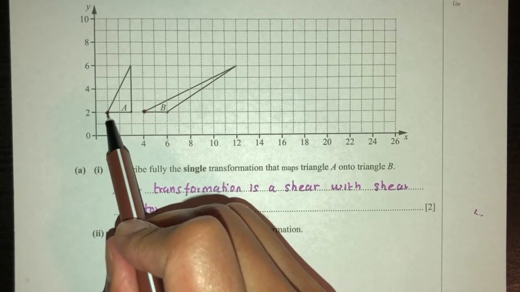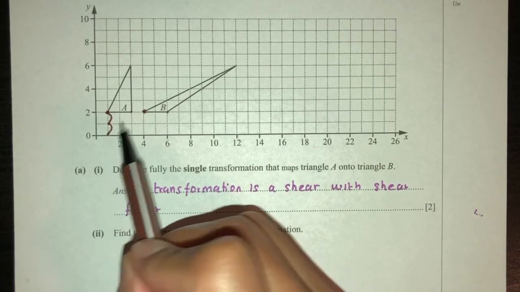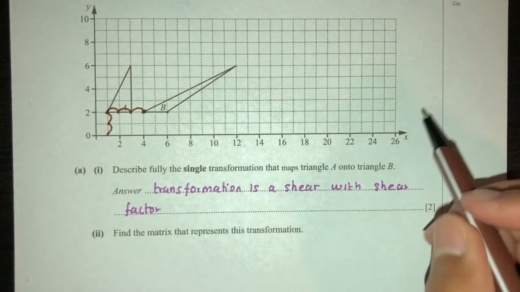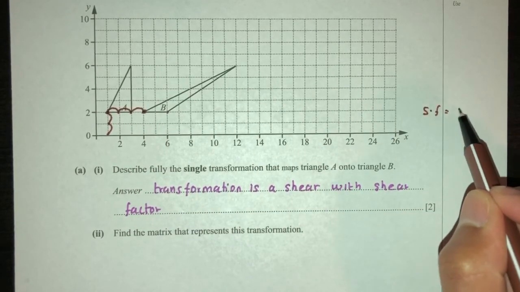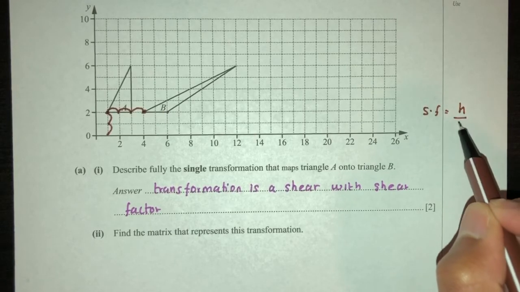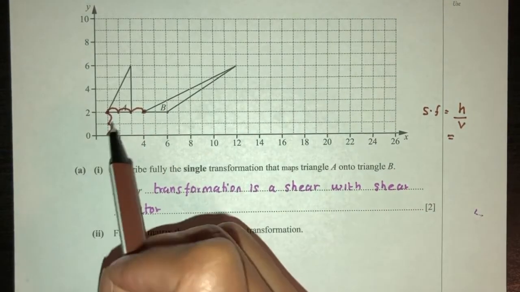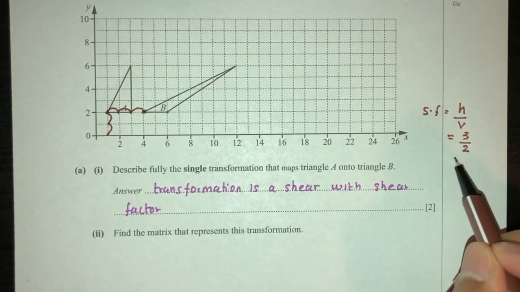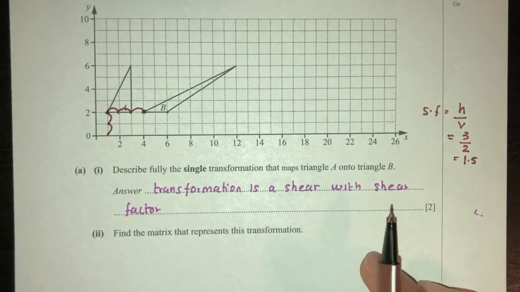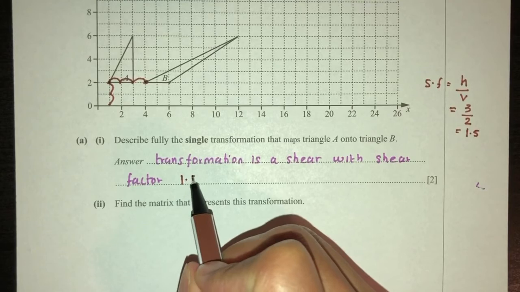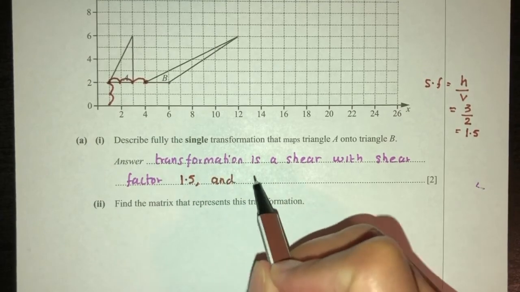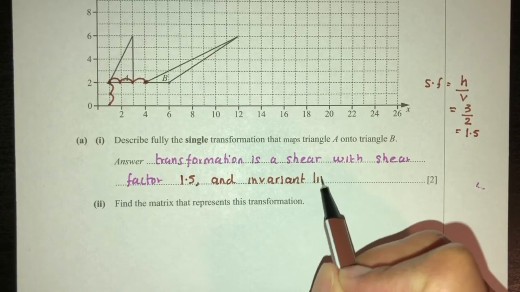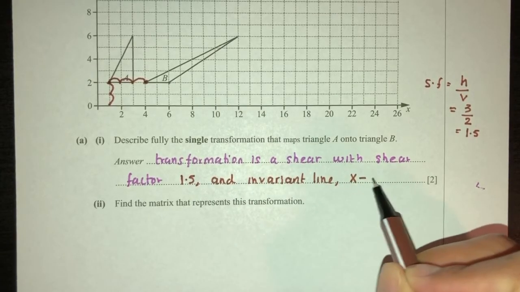We say this is 1, this is 2, became 1, 2, 3. So shear factor is horizontal distance divided by vertical. In this case, that will be 3 divided by 2. That will be 1.5. So shear factor has to be 1.5, and your invariant line is equal to the x-axis.